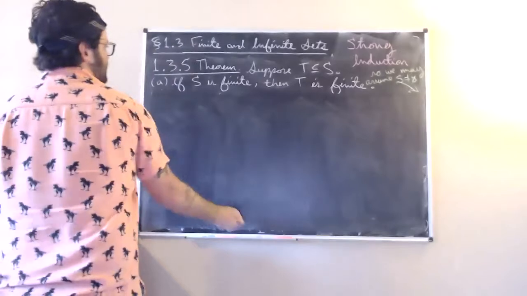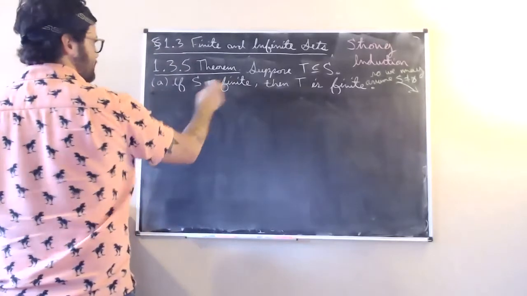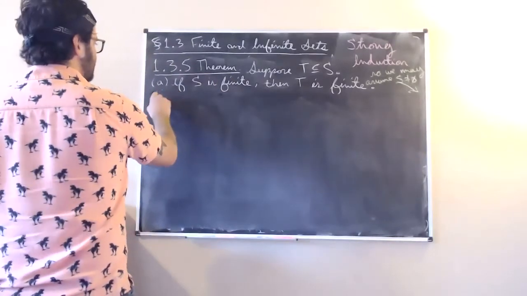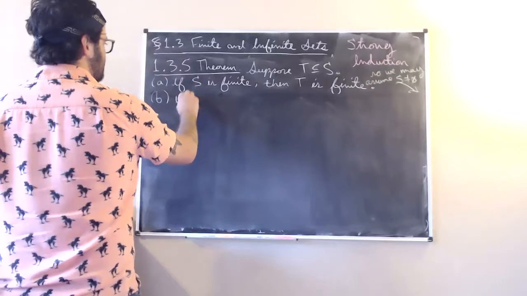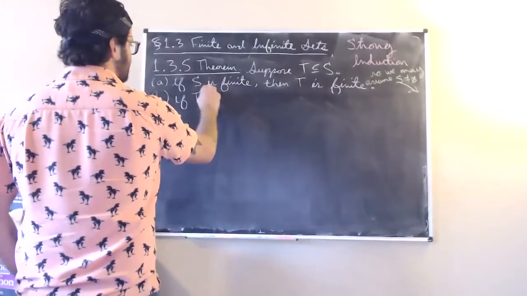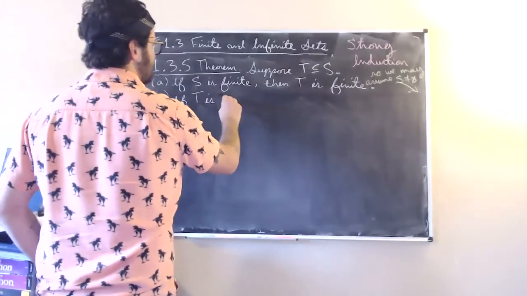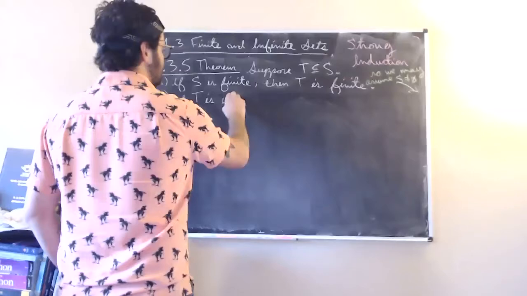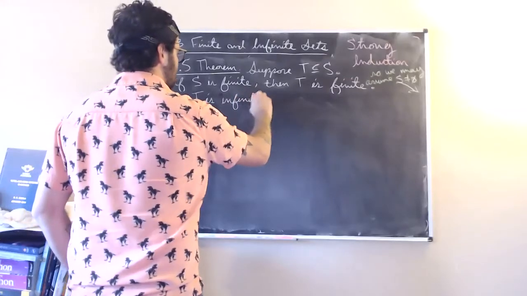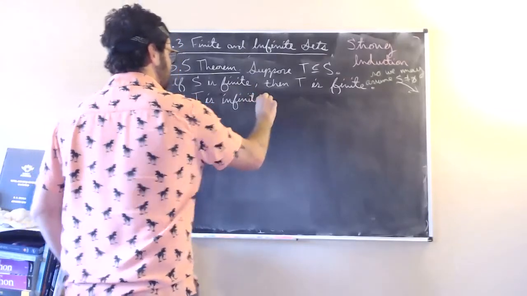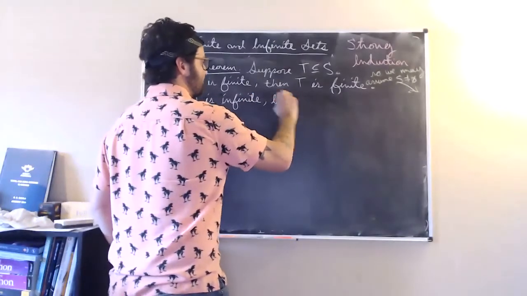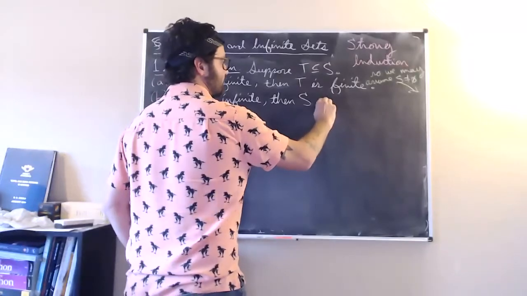Okay, as a consequence of part A, we have part B, which states that if T is infinite, then S is infinite.